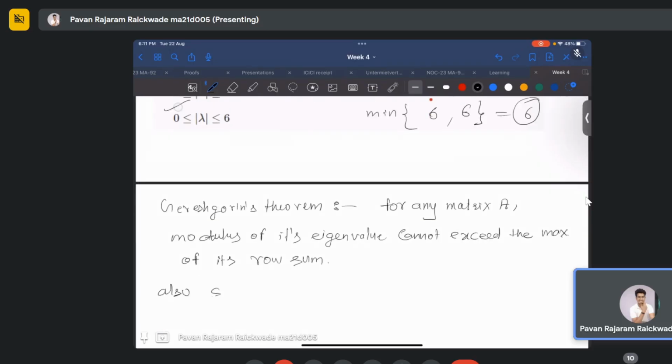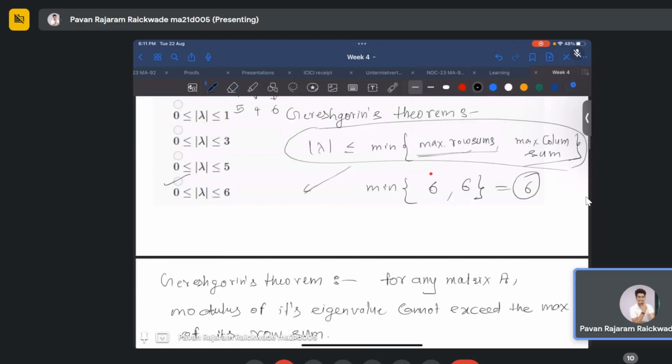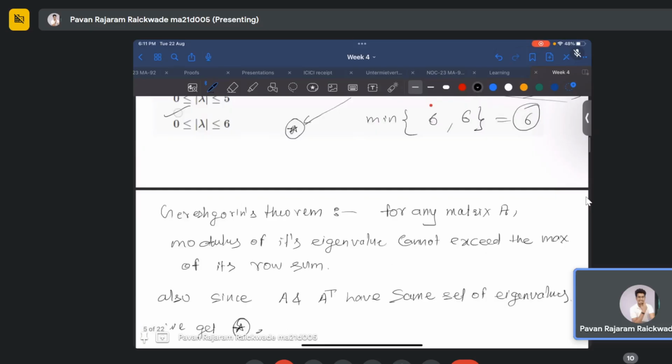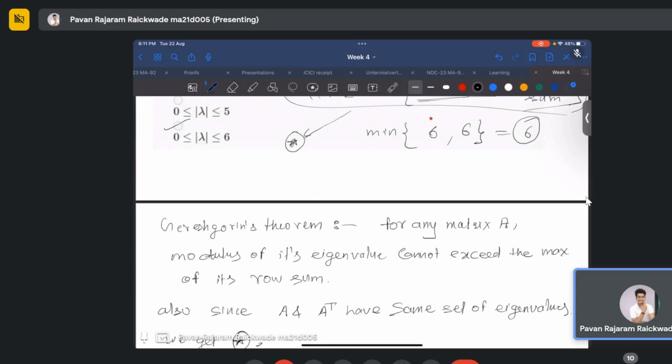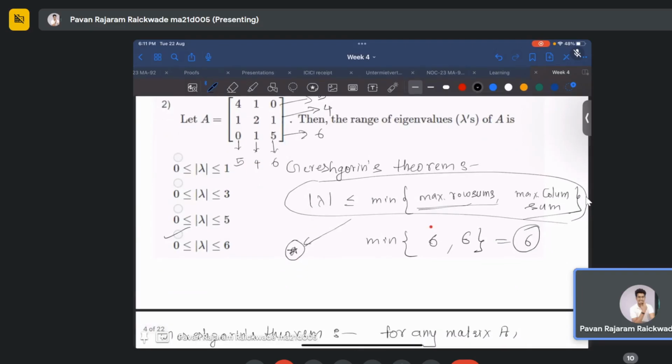Also, since A and A transpose have the same set of eigenvalues, we get this equation. I'll call this star. Okay. So question number 2 is a simple application of Gershgorin's theorem applied to A and A transpose.